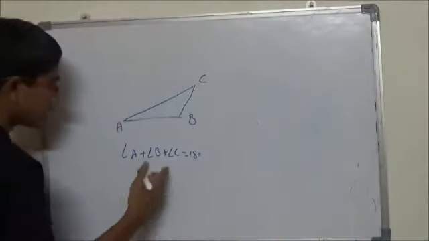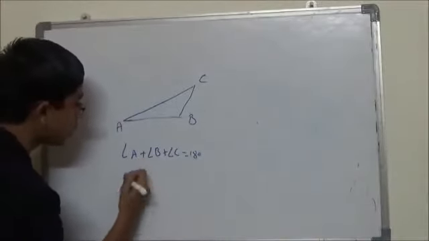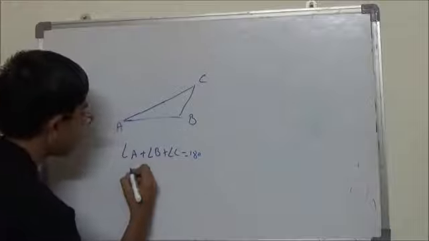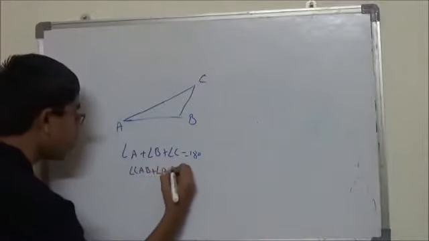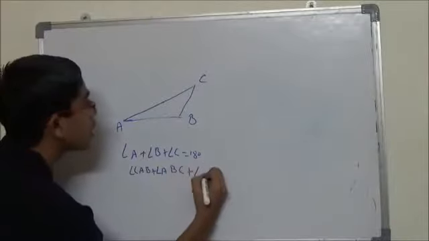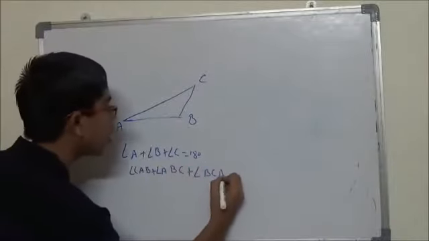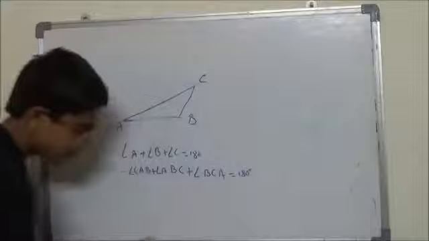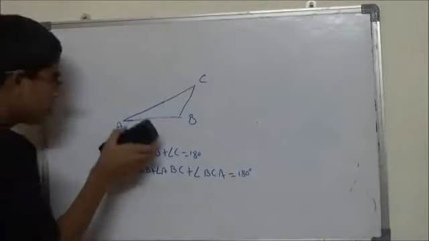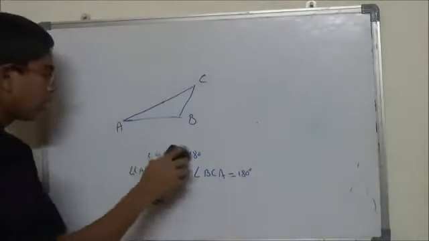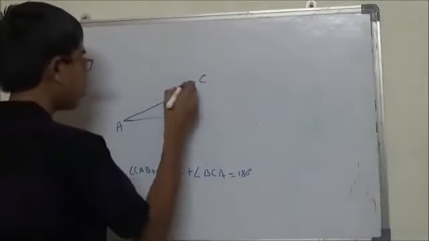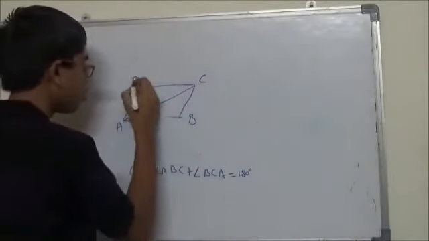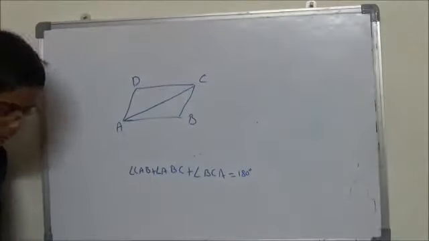Let's write it in proper form: angle CAB plus angle ABC plus angle BCA is equal to 180 degrees. Now let's take the earlier triangle, and now we will erase this triangle.